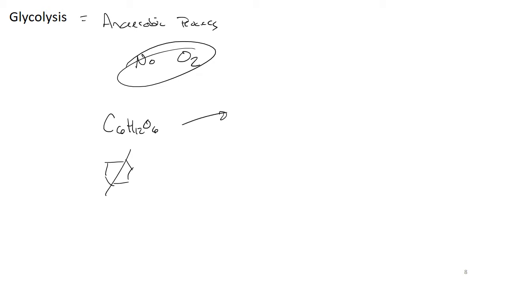So we turn this into 2 molecules called pyruvates. These are smaller structures. They only have 3 carbons each, so 3C instead of 6 Cs. And also, while this happens, it produces 2 ATP.